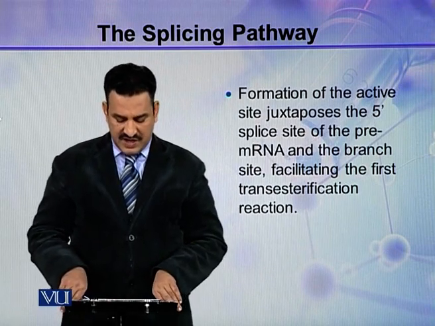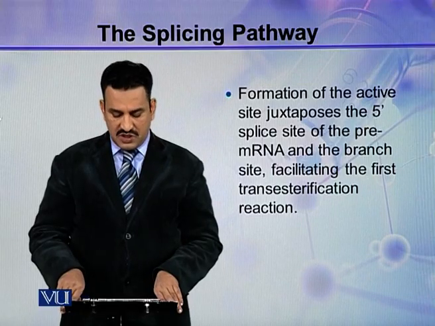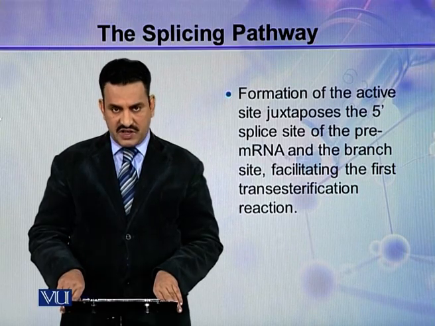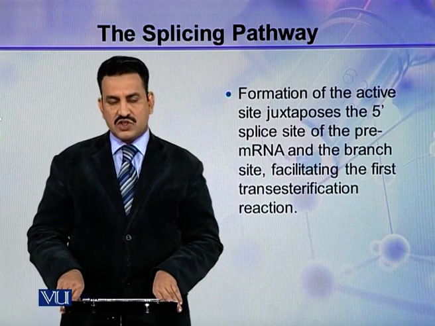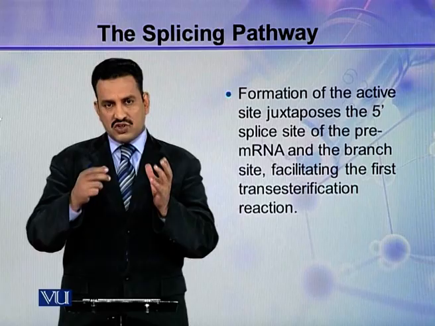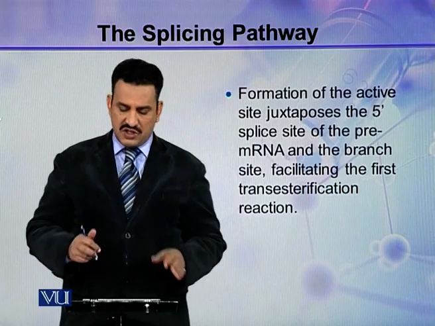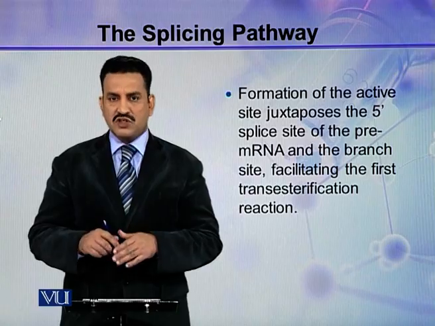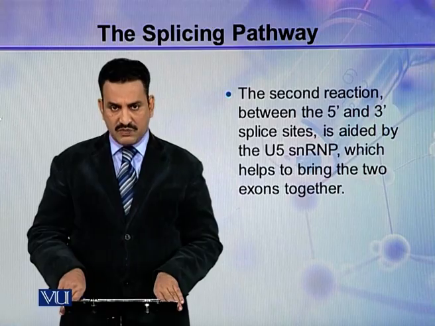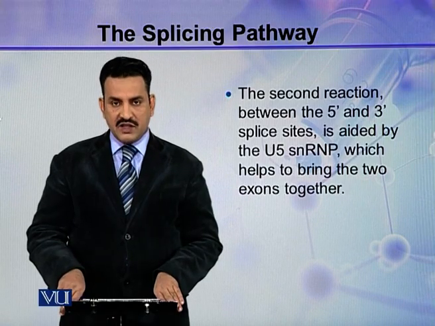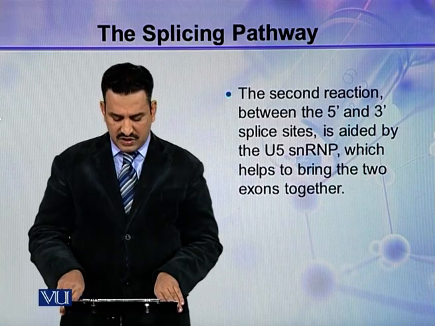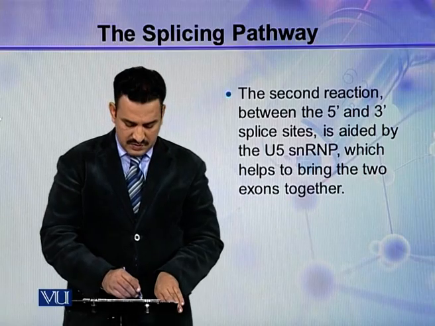Formation of the active site juxtaposes the 5' splice site of the pre-mRNA and the branch site, facilitating the first transesterification reaction. The second reaction between the 5' and 3' splice sites is aided by the U5 SNRP, which helps to bring the two exons together.